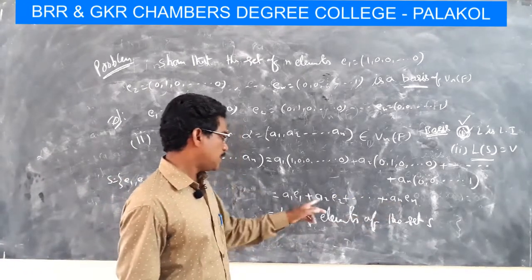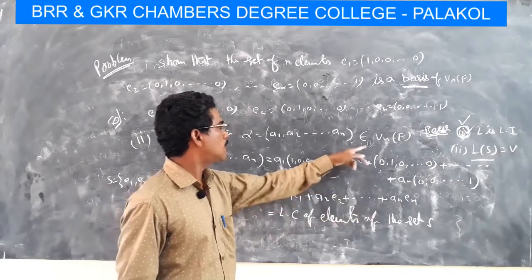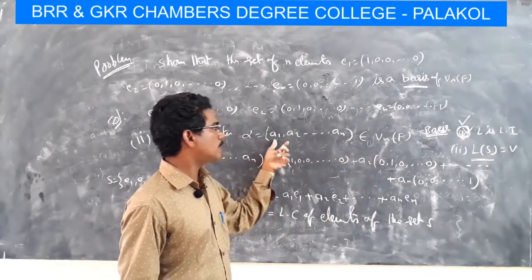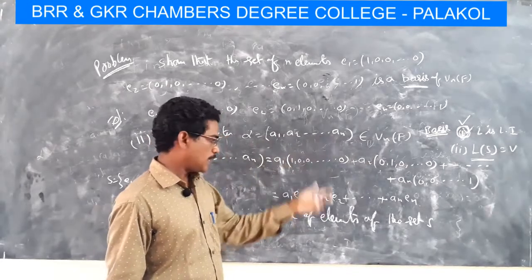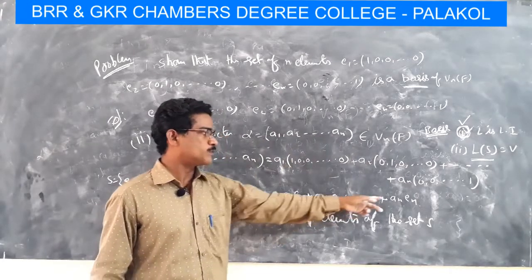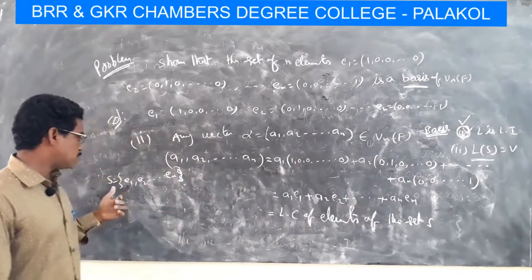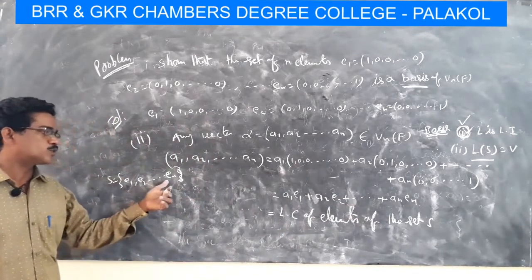Here a1, a2 up to an belong to Vn of f, that means alpha equals a1, a2, so on an, and e1, e2 up to en are the elements of S. So S equals the set of e1, e2 up to en.